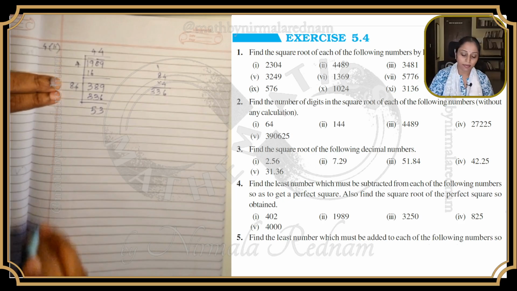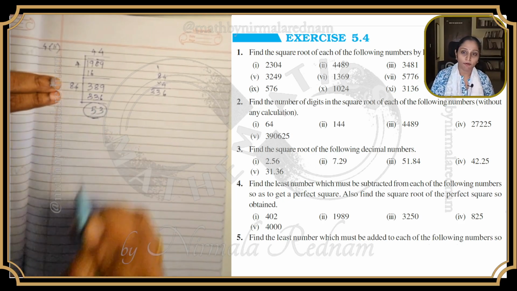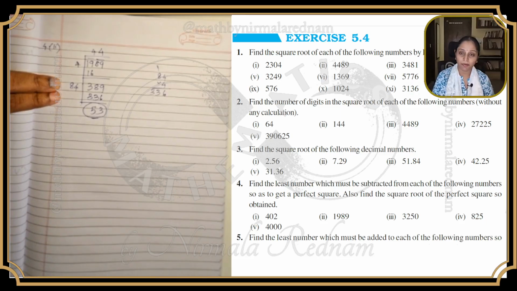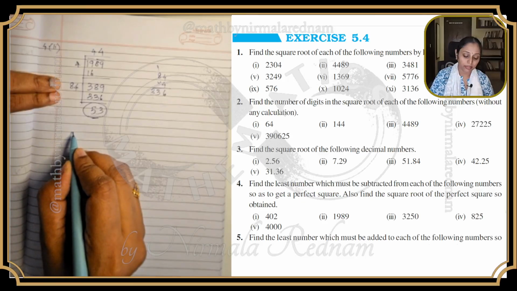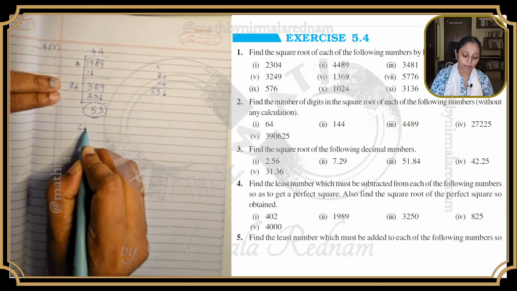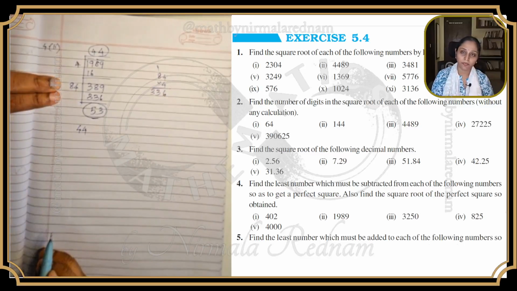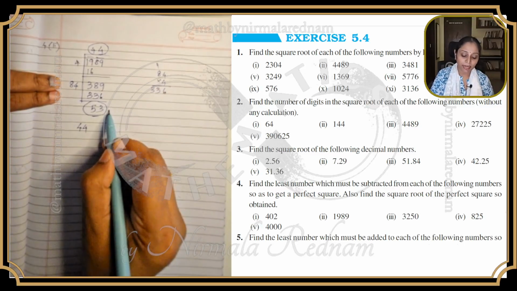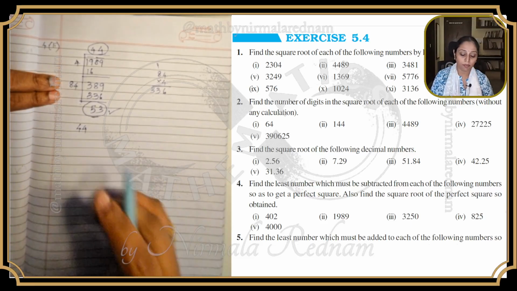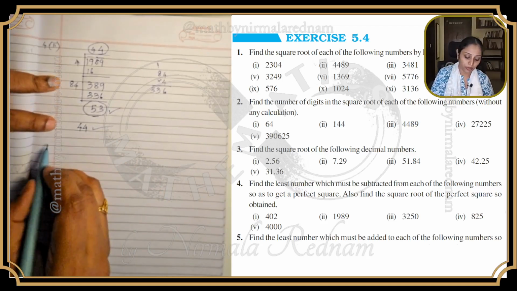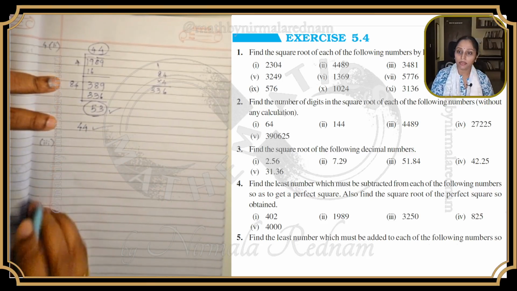When I subtract 53 from the given number, I get a perfect square, and the square root of that perfect square is nothing but 44. That's my quotient. So 53 must be subtracted, and the square root of the number so obtained is 44.